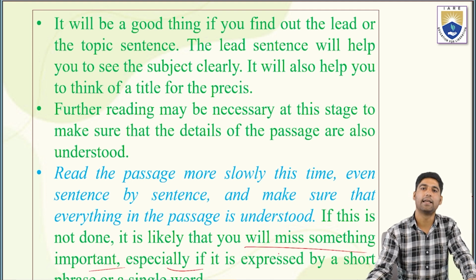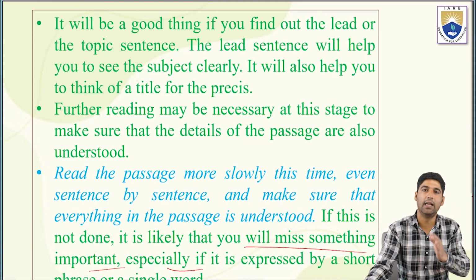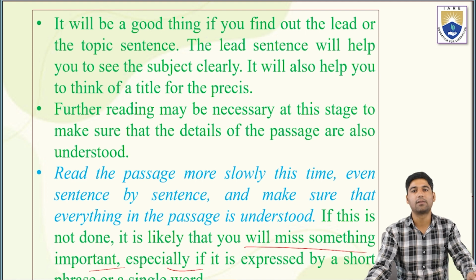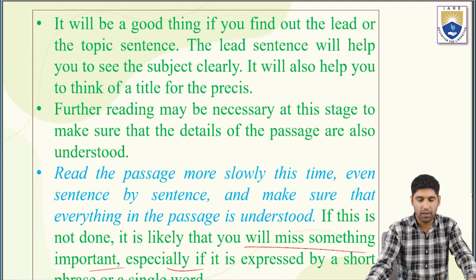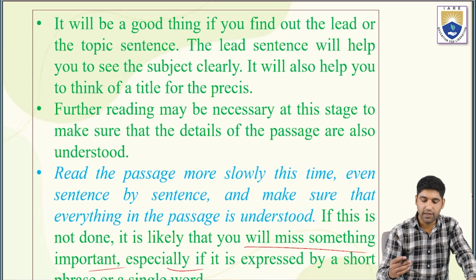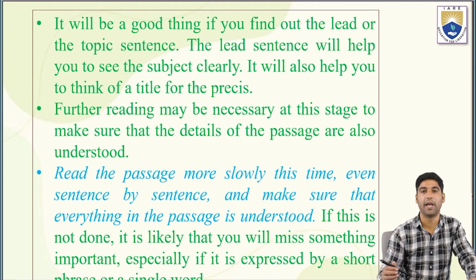If we do not read sentence by sentence, if we do not read silently, if we do not try to understand the passage, we may miss something essential, some important information, even in a short sentence or a short phrase. So for the reading, we need to read carefully.